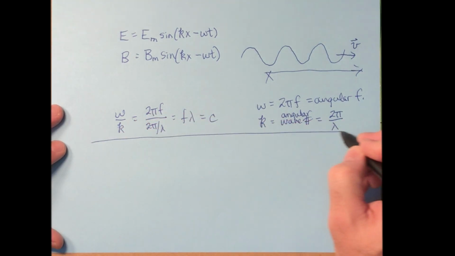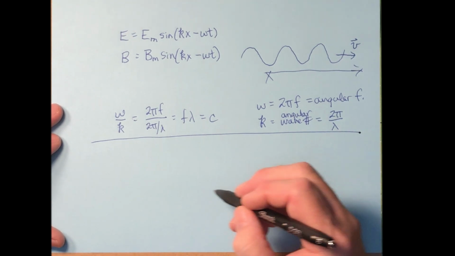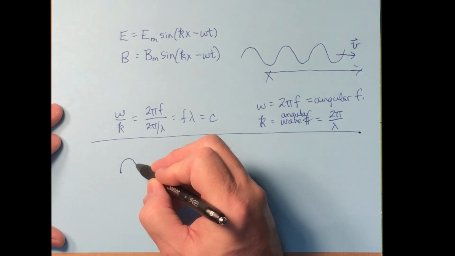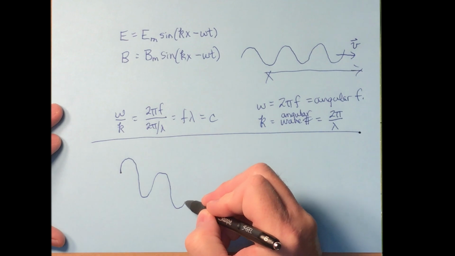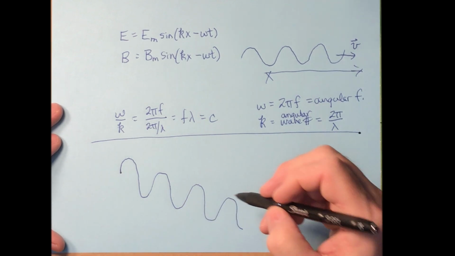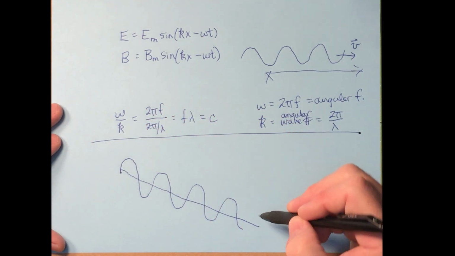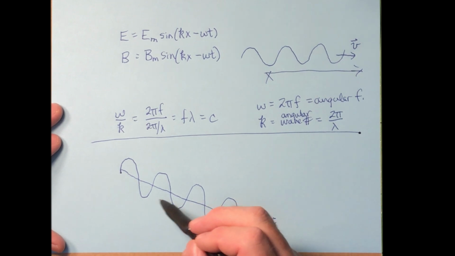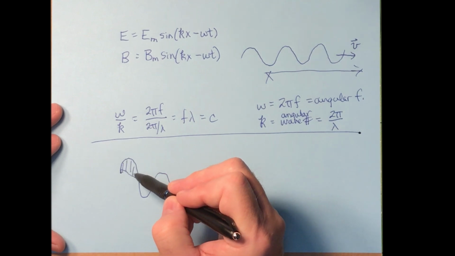Now, I said that the electric fields and the magnetic fields are always perpendicular to each other, so it's kind of hard to draw. Nevertheless, I'm going to try to here. Let's say that we have an oscillating field that looks something like that. Now, I'm drawing this at kind of an angle because I want this to represent the direction of travel here. So this is oscillating perpendicular, let's say vertically like this.